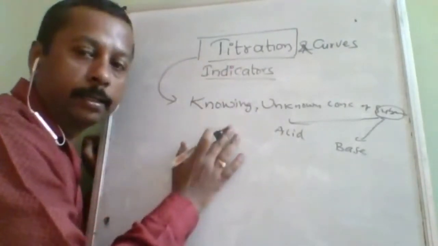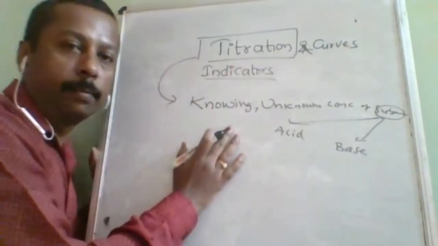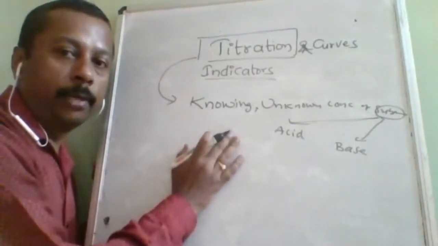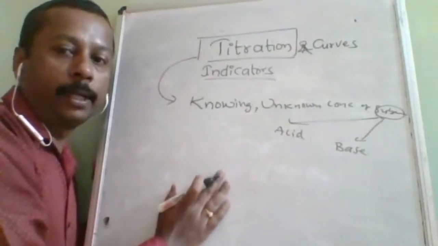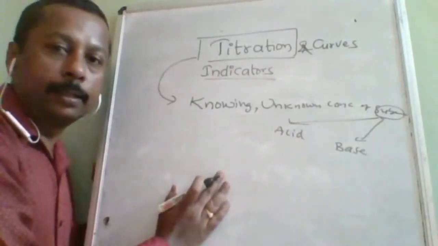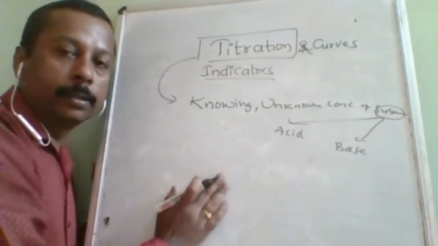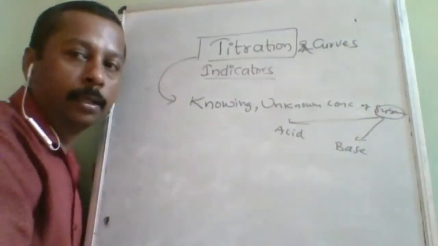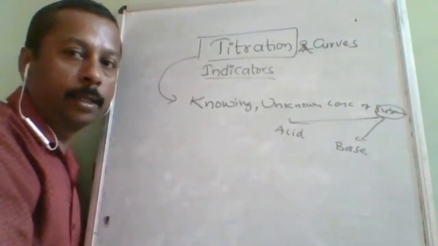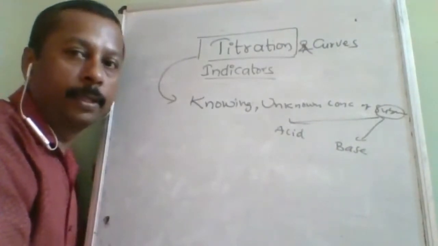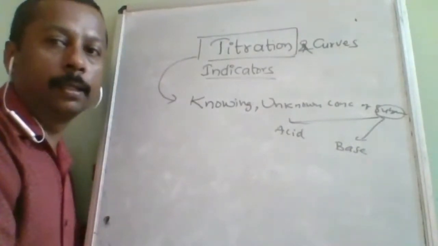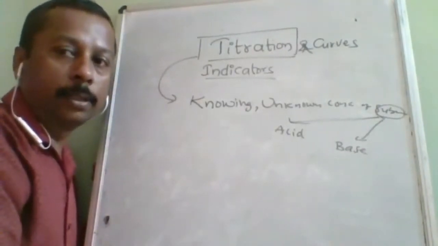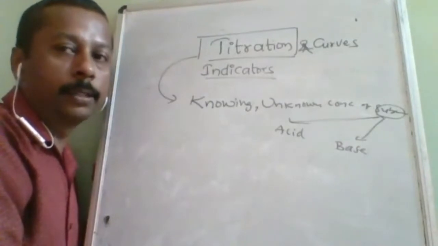There are different titrations: redox titration, back titration, double titration, iodimetry. These are some types of titration. But in this chapter we are going to concentrate only on acid base titration.